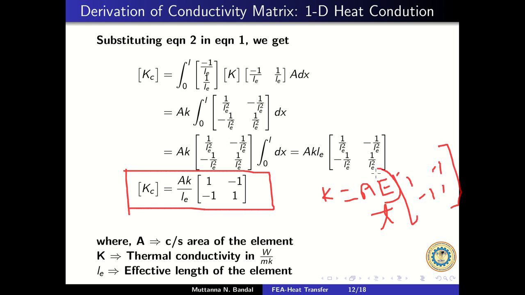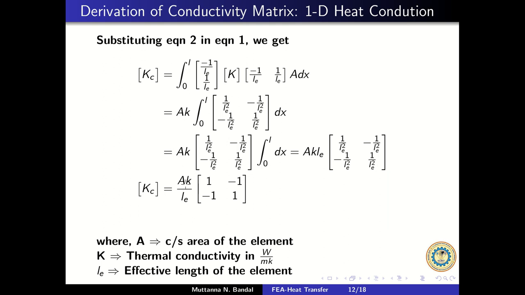The only difference is that in structural analysis we use Young's modulus, and in thermal analysis we use thermal conductivity as the constant. So A is the area of cross section of the element, K is the thermal conductivity, and L is the effective length. This is the area, length, and K is a property.